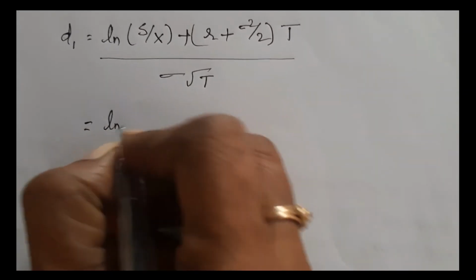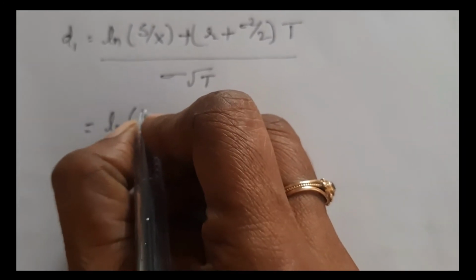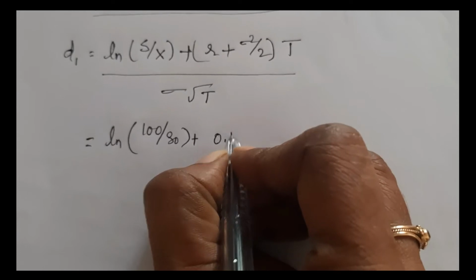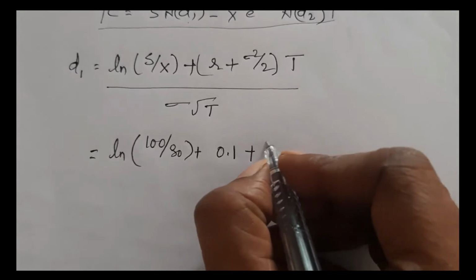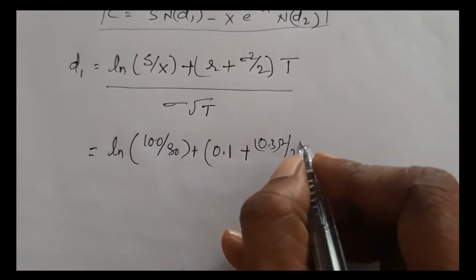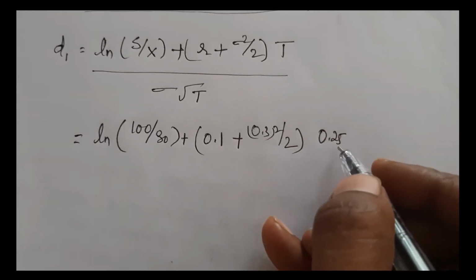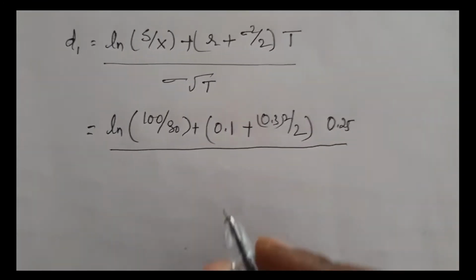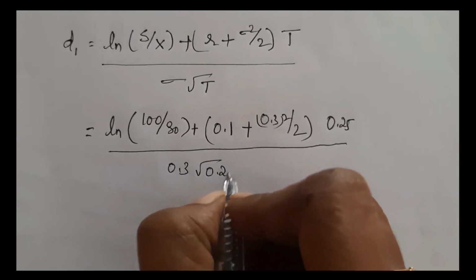So that is equal to ln, natural logarithmic value, of S, here given 100, by X, which is 80, plus R, given 0.1, plus sigma square, which means 0.3 square, by 2, into T, which is 3 months, so 3 divided by 12, which will become 0.25, whole divided by sigma, that is 0.3, into square root of 0.25.